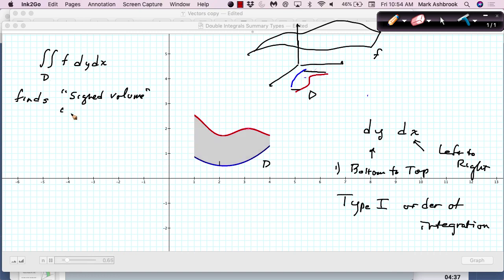So another thing we call that is net volume. Both of those mean difference of volumes. All the volume above the xy plane minus all the volume carved out below the xy plane. So it's a difference of volumes. Do you see that? So that's what signed volume or net volume means.